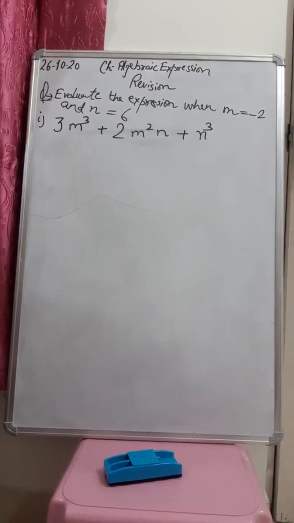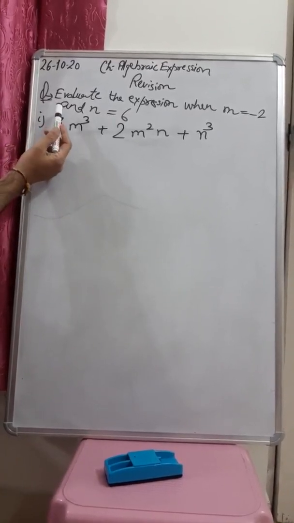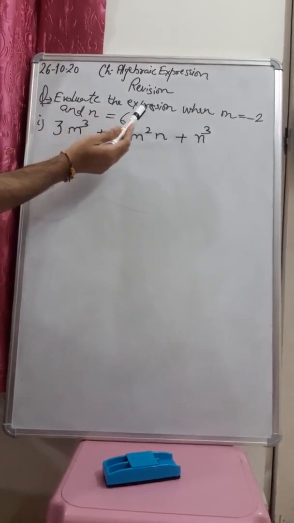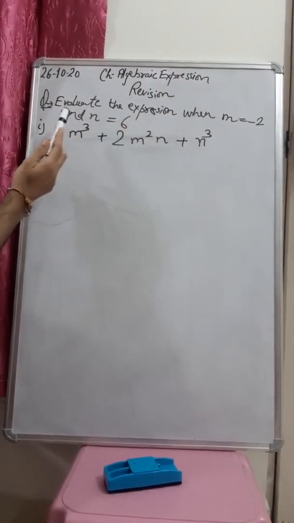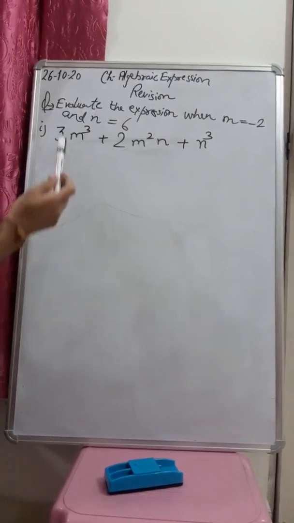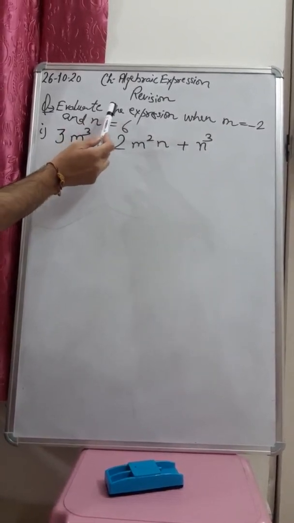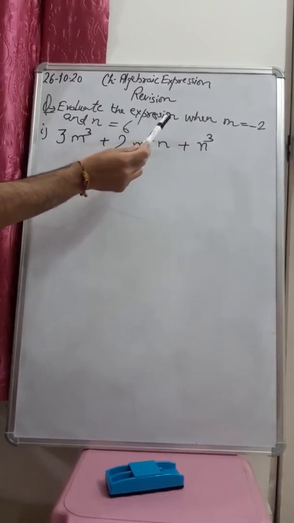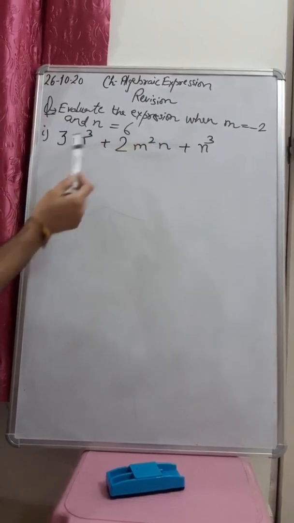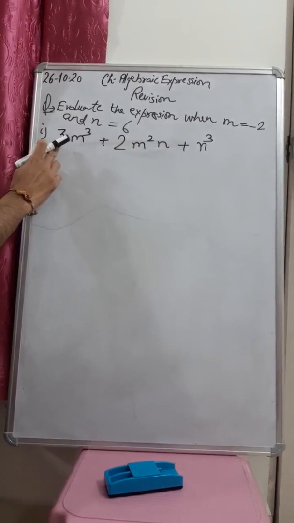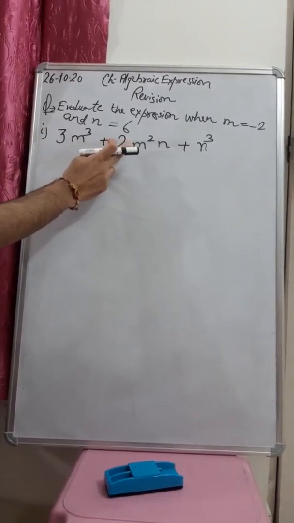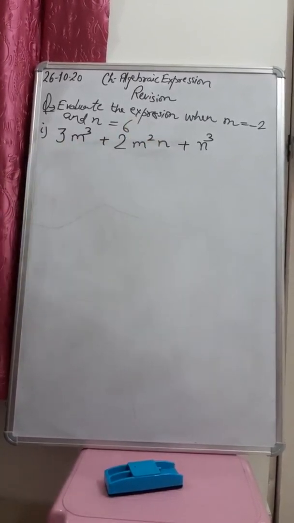So students, now the question is: evaluate the expression when m equals minus 2 and n equals 6. So here we have to find the value of the expression when m is minus 2 and n is 6. So here the expression is 3m cube plus 2m square n plus n cube.